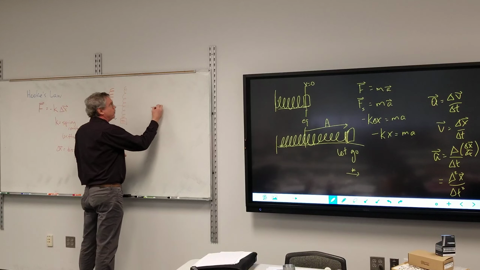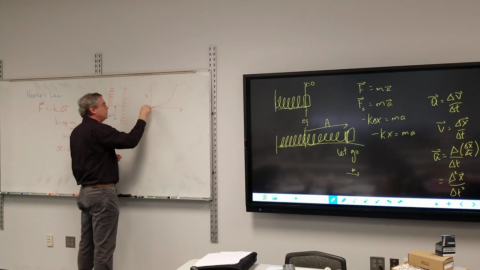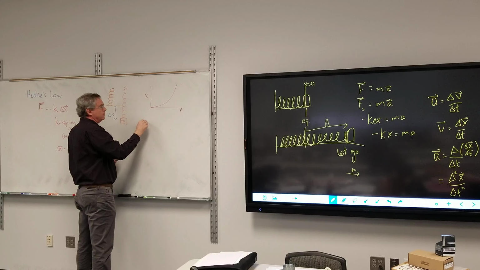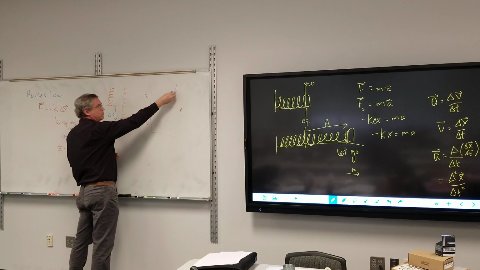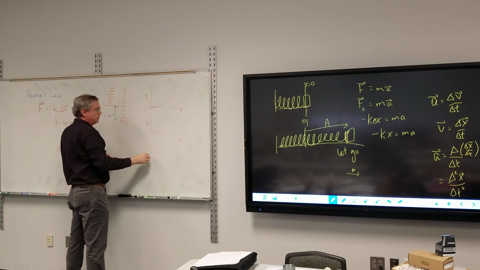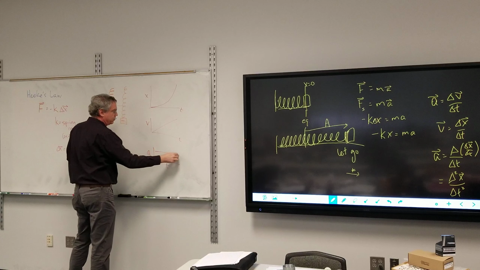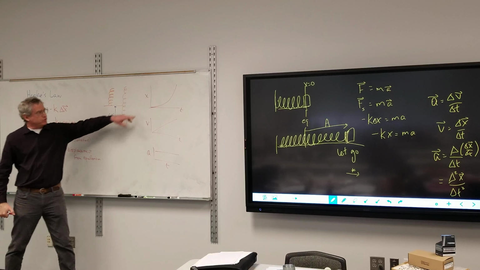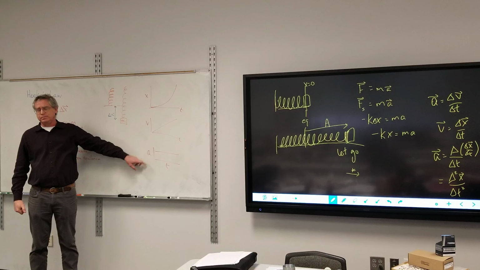So if I have a parabola here, let's say this is x versus time, then if I look at the slope, it starts out small and gets bigger and bigger. My slope here is constant, so my acceleration versus time would be a straight line. So if x is a parabola, acceleration is a horizontal line.